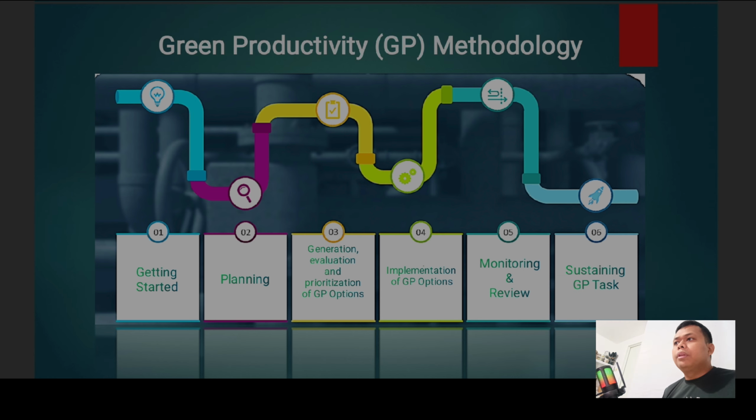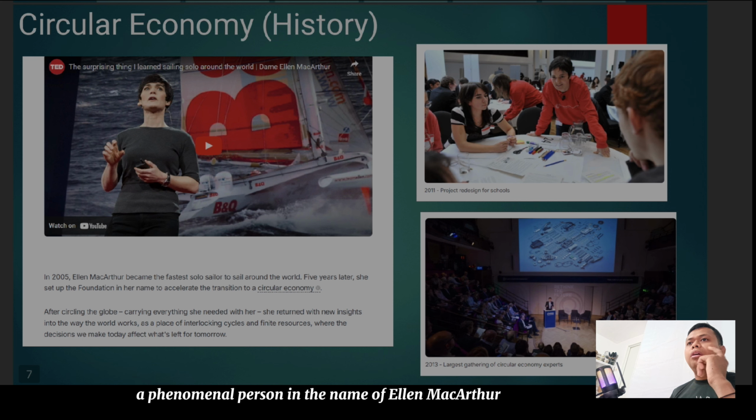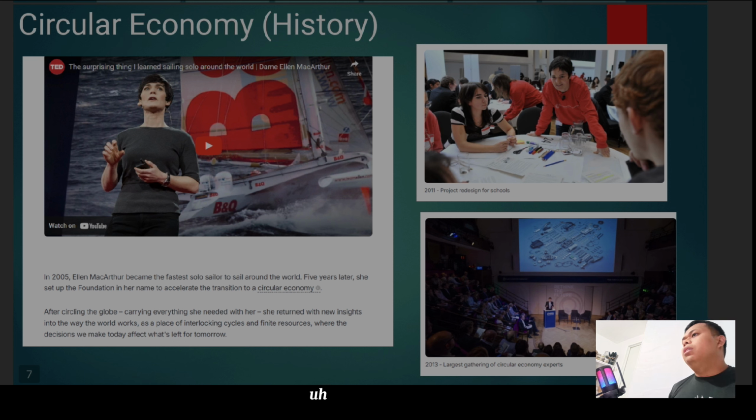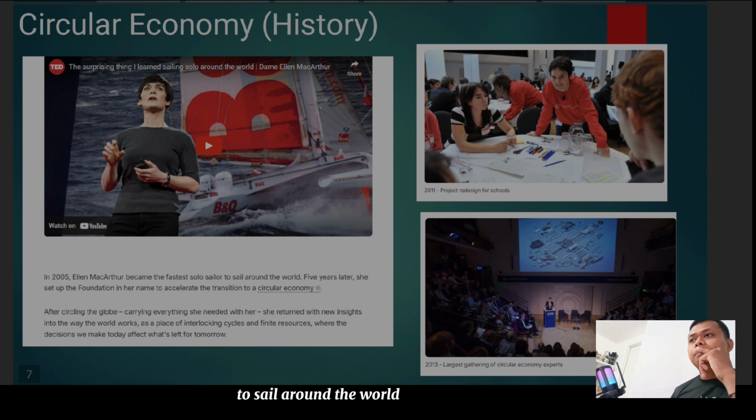Okay, so the circular economy was founded by a phenomenal person by the name of Ellen MacArthur in 2005, when she became the first solo sailor to sail around the world, the fastest solo sailor.